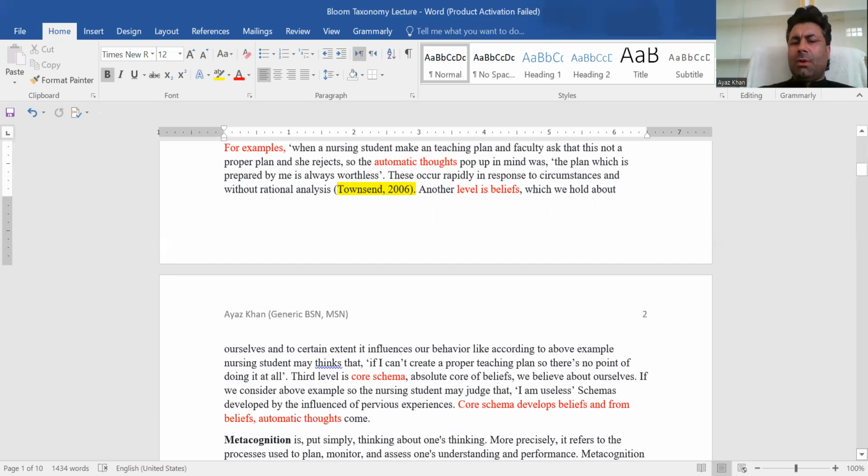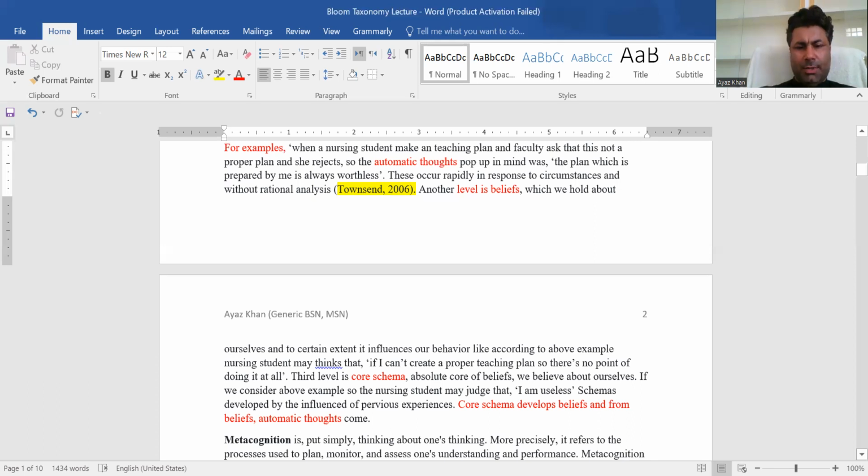And now in the third level of cognition, these beliefs are converted into the core schema. The core schema is almost a permanent change. Then she feels that the nursing student may feel that I am useless. And this belief is influenced by her previous experience of the faculty member rejecting her assignment.